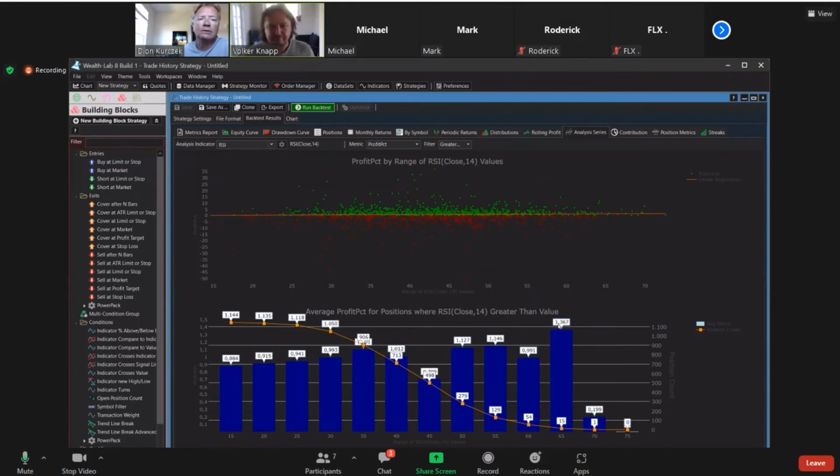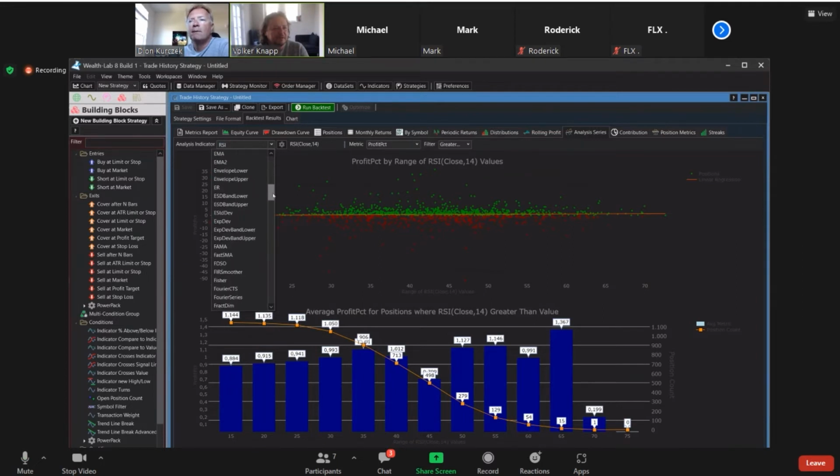But there are only 16 trades there, so it's not a statistically significant sample, but it's an interesting result. Yeah, it is. This is what you can do with this tool. You can analyze the effects of different indicators on the results and test out different filters.